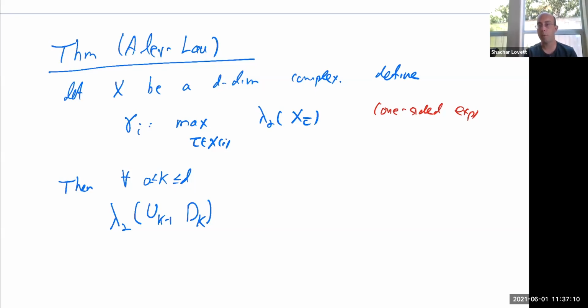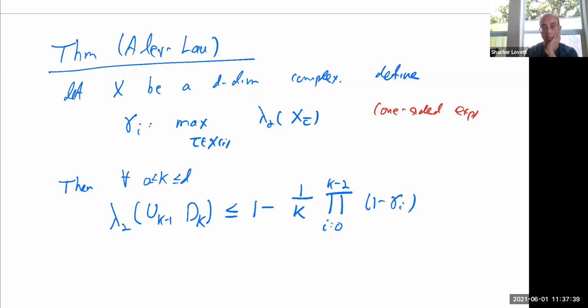Now trivially it's at most 1, but if most of the gamma i's are close to 0, we can actually put a bound away from 1. Concretely, the bound they prove is the following: it's at most 1 minus 1 over k, times the product over i going from 0 to k minus 2 of (1 minus gamma i).